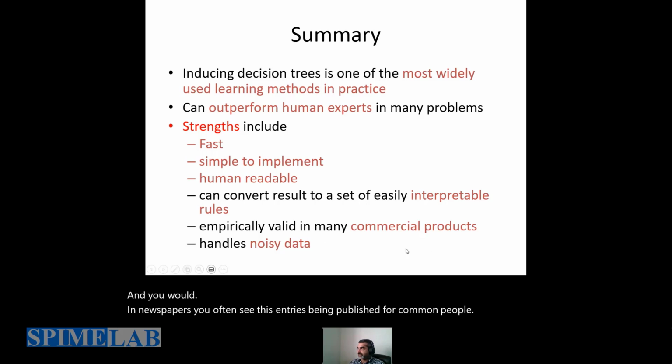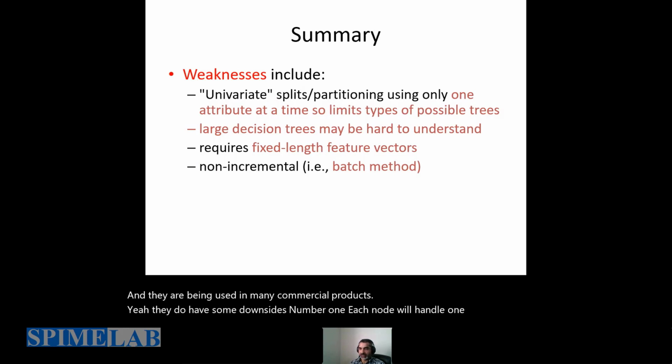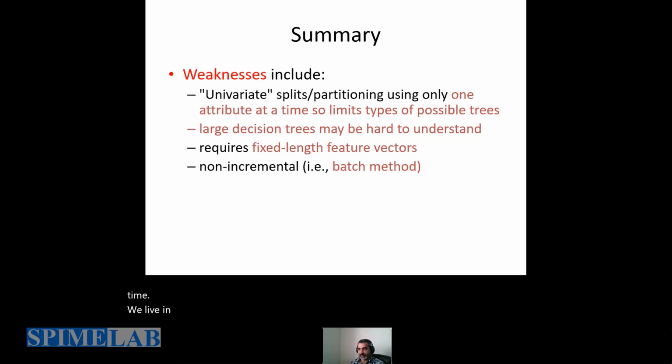And they are being used in many commercial products, and they do have some downsides. Number one, each node will handle one variable at a time. We live in a multivariate world, right? So this is one limitation, too naive for real complex problems.